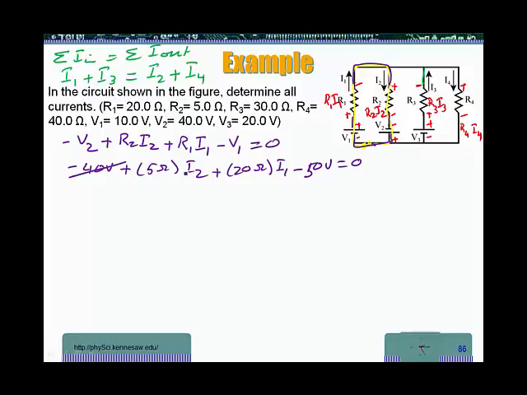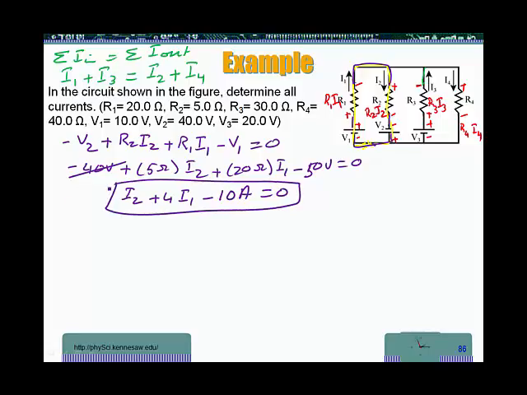So 5 ohms I2 over 5 ohms leaves me with I2. And then 20 ohms over 5 ohms, that's 4. So it's going to be plus 4 I1. And then 50 volts over 5 ohms gives me minus 10 amps. That's equal to 0. That's my second equation. The first equation is the junction rule.